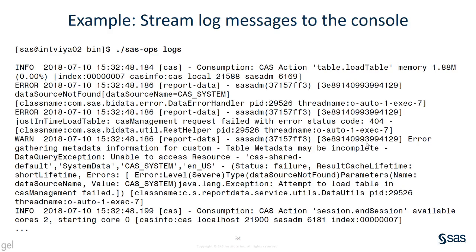Okay? So if you take nothing else out of this class, I hope you'll look at this slide. SAS ops logs allows me to take the log exchange. Every machine in my deployment is sending log messages to the RabbitMQ message queue. This short command allows me to hook into that exchange and in real time pull off log messages in chronological order.